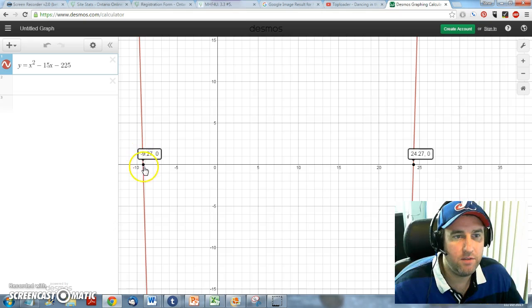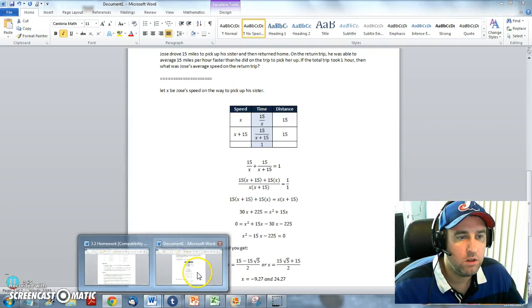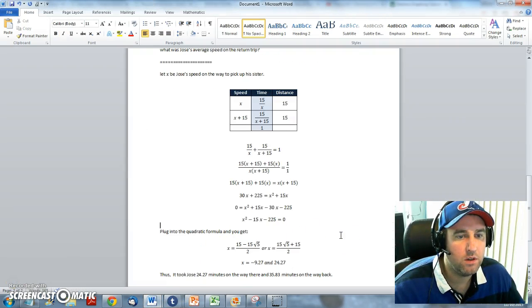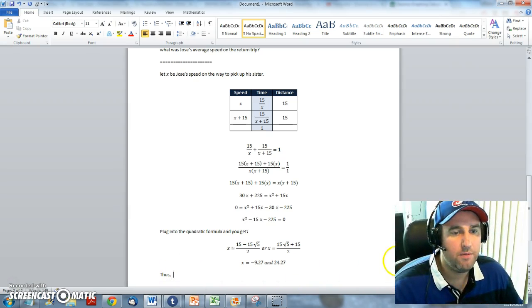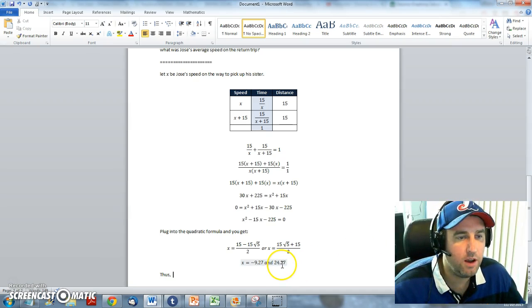Now we know we can't have a negative number because he wasn't driving at a negative speed. So that's 24.27. What that means is that his speed was 24.27 miles per hour on the way there, and on the way back we have to add 15 to that.